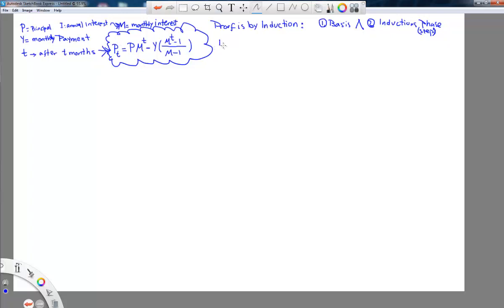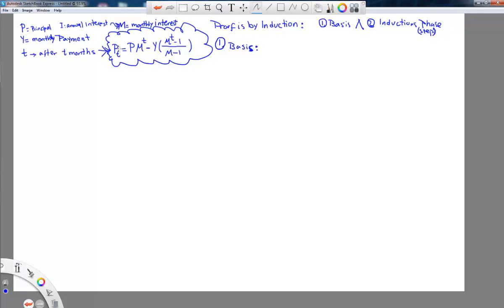So first, let's take a look at our basis case. The basis case, again, as I said, is basically the smallest statement that this equation talks about. So the smallest is when you're in your 0th month, before you make any payments.